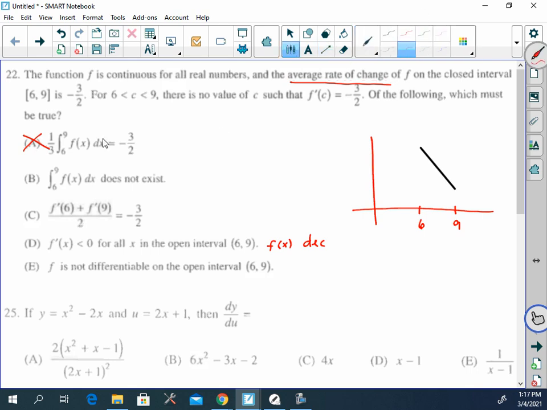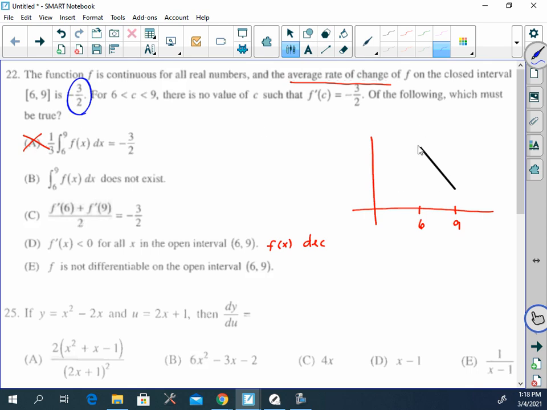Of the following, which must be true? So it's definitely not this one. It's decreasing. Okay, it tells us the average rate of change, so the slope, is -3/2.